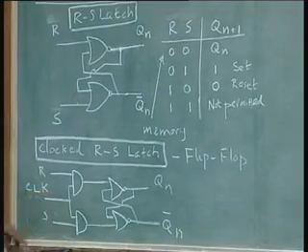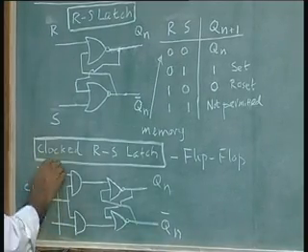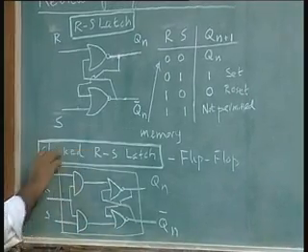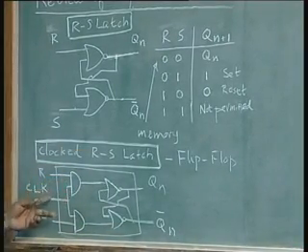So, with the clocked operation, there are 3 inputs and 2 outputs for this flip flop or latch, clocked latch or a flip flop.